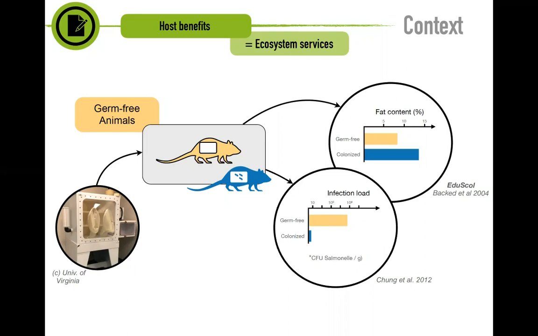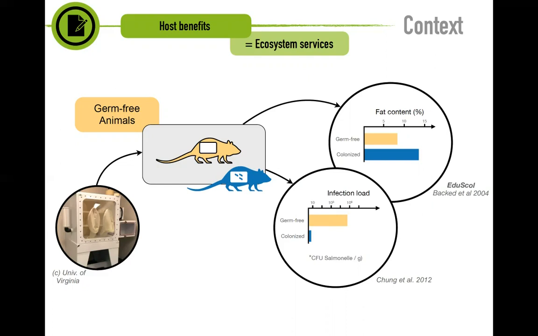The most obvious one for an ecologist, at least, is infection of the gut. The gut microbiome, when it's already there, enters into competition with potential pathogens and excludes them competitively from the gut and protects the animal from gut disease. That's one mechanism of protection.